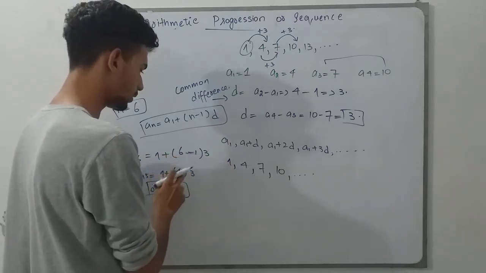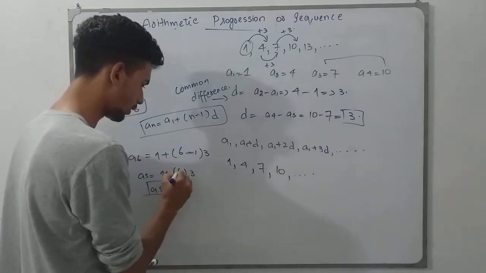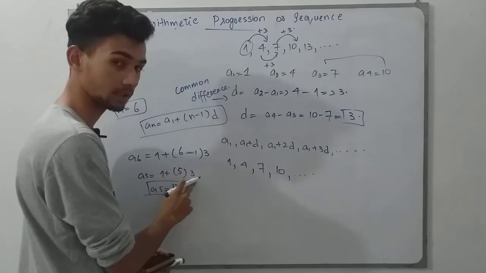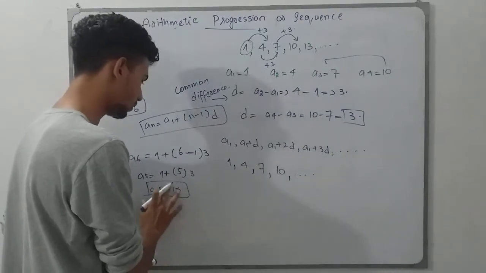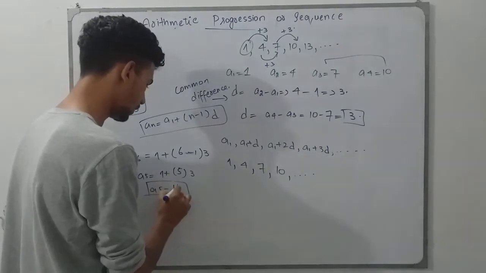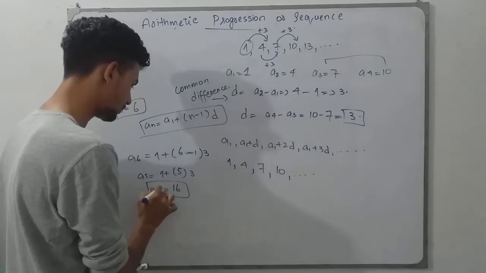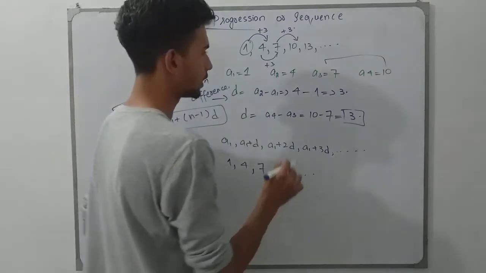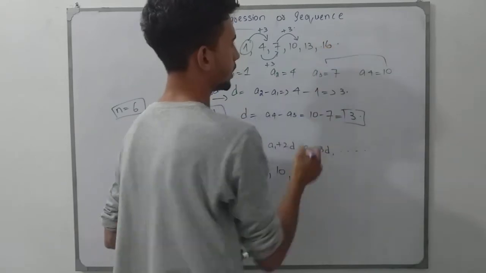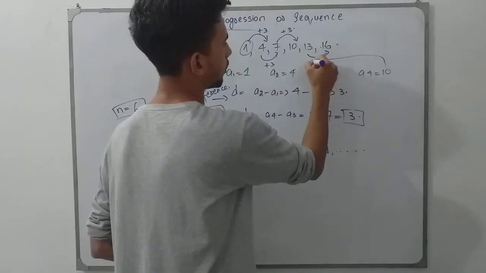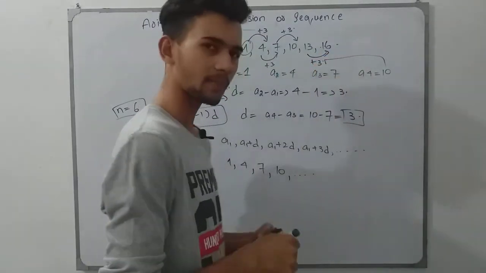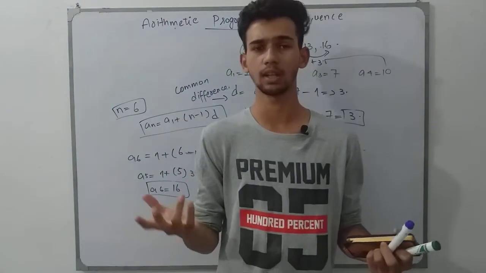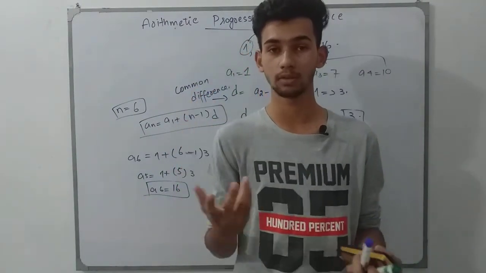So 6 minus 1 is equal to 5. So here 5 multiplied by 3 is 15, and 15 plus 1 is equal to 16. It means that my 6th term will be 16, again with the common difference of 3. So this is the initial working of the arithmetic progression or sequences.